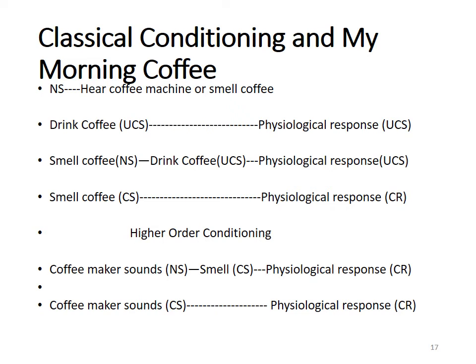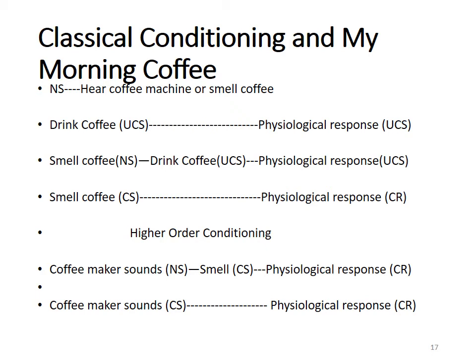Next, I will look at some higher order conditioning here, where the coffee maker makes some sounds, then I smell the coffee. So now the smell of the coffee, which is now a conditioned stimulus, is going to be paired with the coffee maker sounds. So I hear the sounds of the coffee maker, smell the coffee, and have the physiological response, which is my conditioned response.